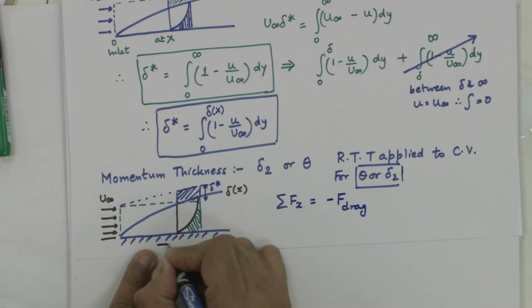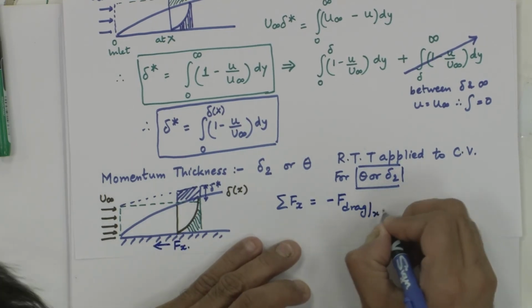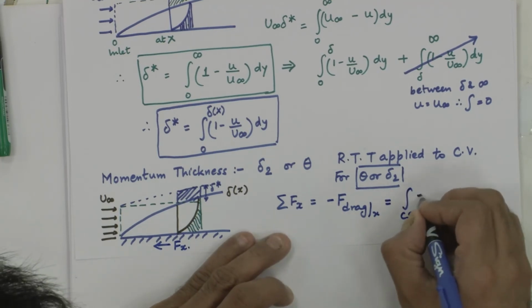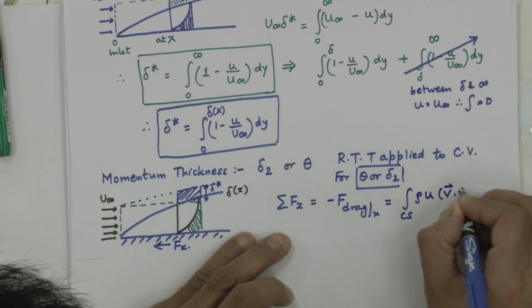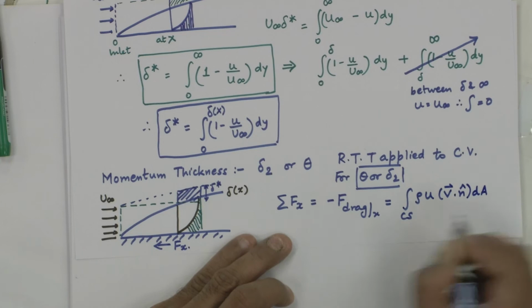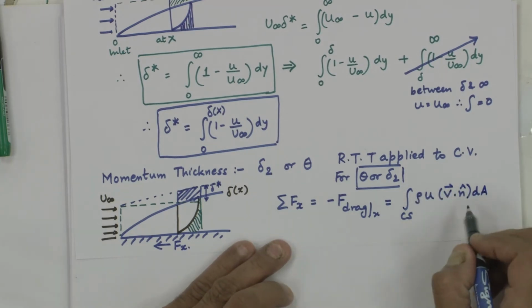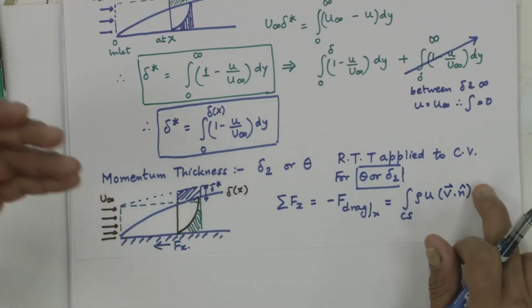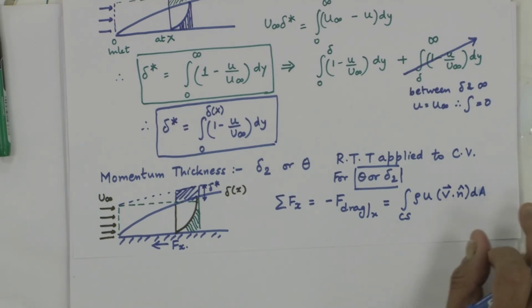If I take this as the drag in the x direction, F drag in the x direction is equal to the integral over the control surface of rho u V dot n cap dA. This is the x direction. So, this is u, this was the mass flow rate, and this is the rate of change of momentum. We are assuming steady state, we are assuming incompressible, and all the assumptions that go with the analysis of a boundary layer.